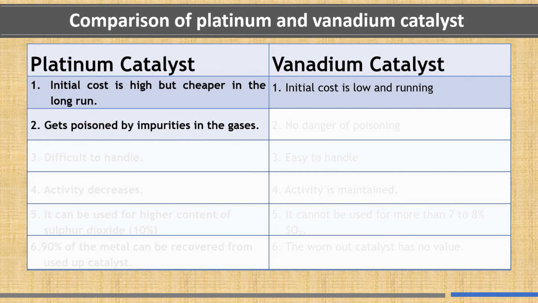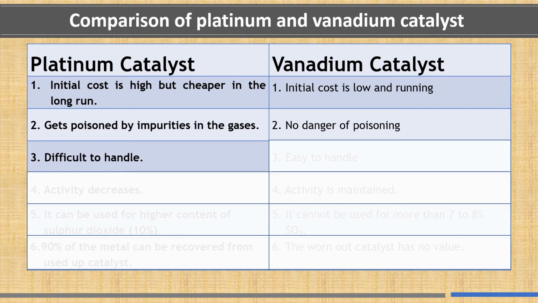The platinum catalyst gets poisoned by impurities in the gases. No danger of poisoning in case of vanadium catalyst. Platinum catalyst is difficult to handle. Vanadium catalyst is easy to handle.